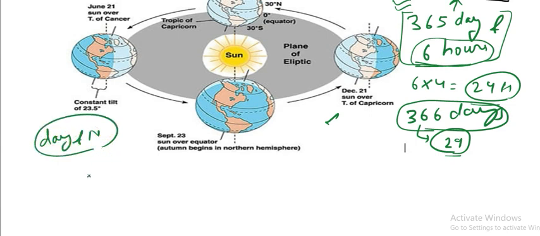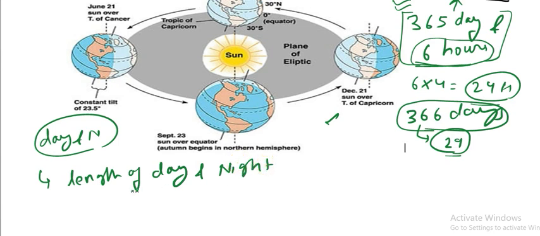But because of the revolution, there is a difference in the length of days and night. So the variation in the length of the day and night occurs because of the revolution, right?